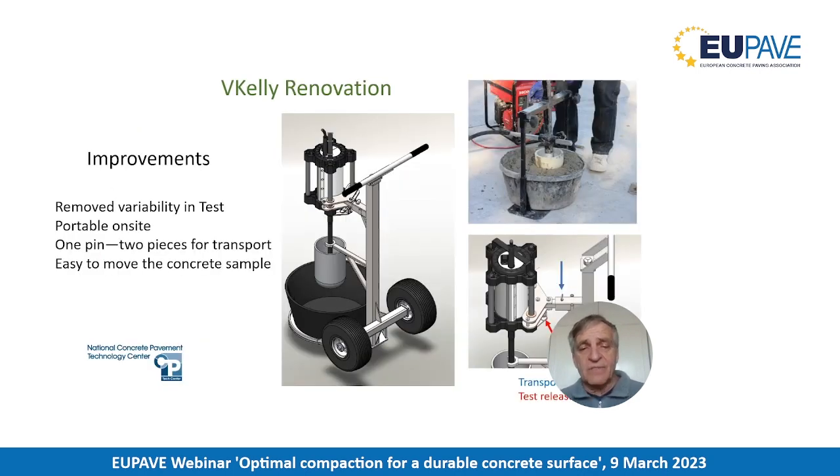And that's the most important thing. And so, yes, we made it more portable. You could take it apart. You're probably familiar with how the V-Kelly works and the ball dropping in the concrete, and it's measured by scale and time, and it's put into an Excel file, and that angle, that slope is calculated.